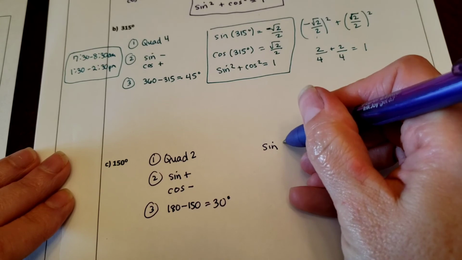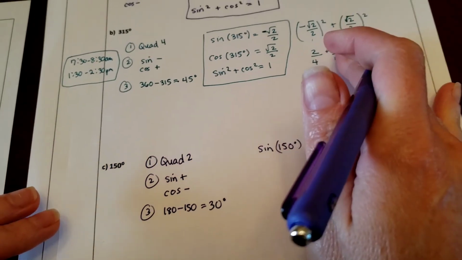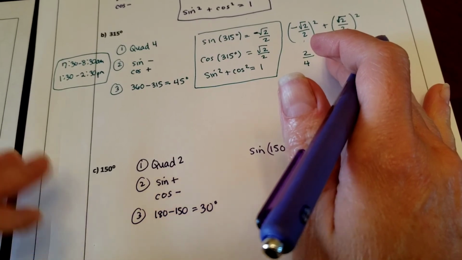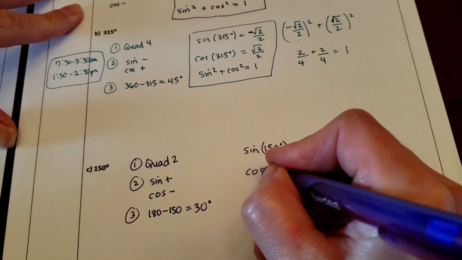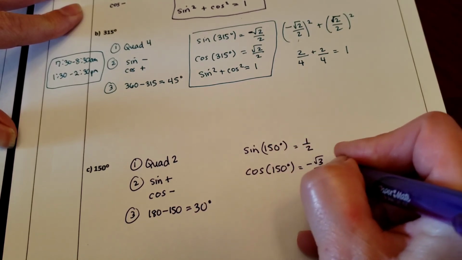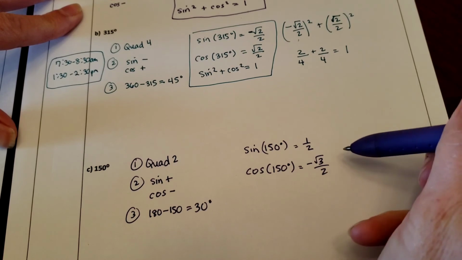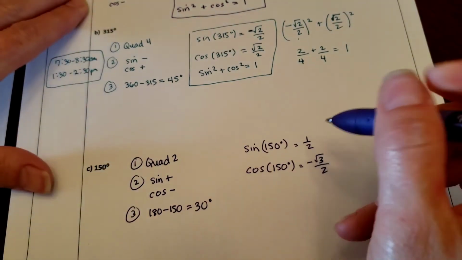Sine of 150 degrees is going to be, so we look back at the 30, 1/2. Cosine of 150 degrees is negative rad 3 over 2. So remember in quadrant 1, it's not negative, but because we're in quadrant 2, cosine will take a negative value.